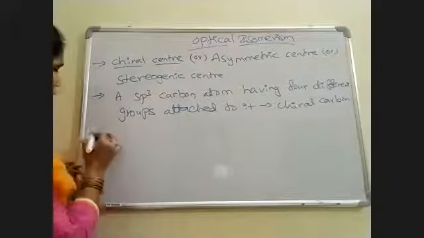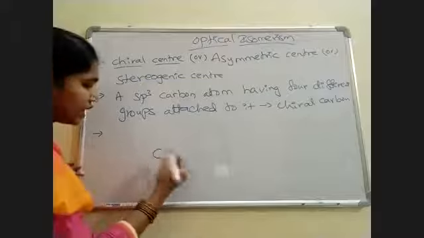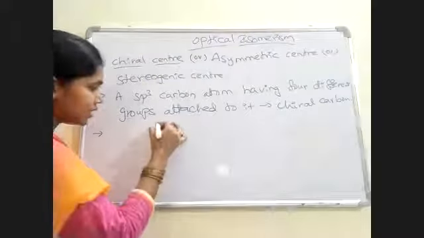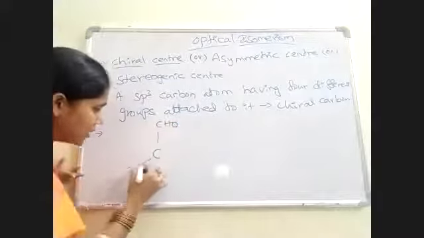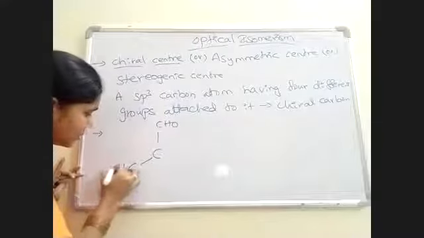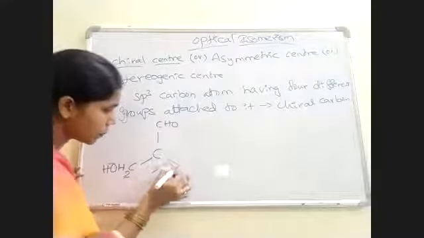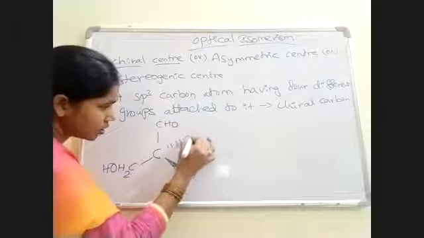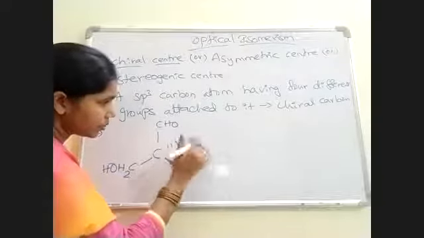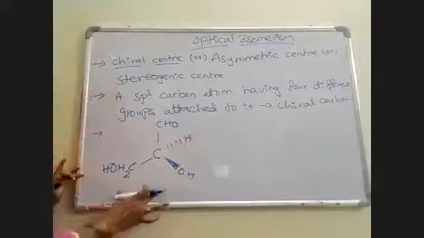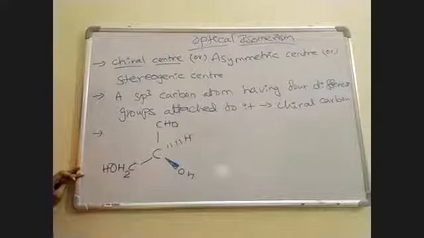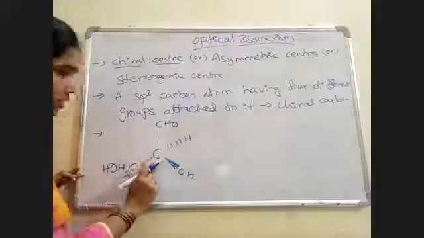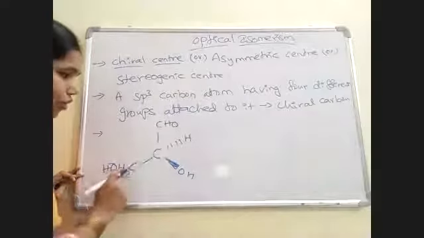So as already told in example, lactic acid. And now let us take another example, that is glyceraldehyde. This is called as a glyceraldehyde. This carbon is attached to 4 different groups.